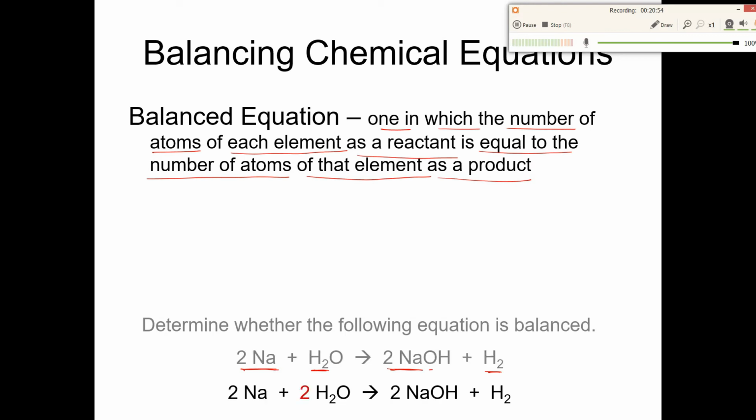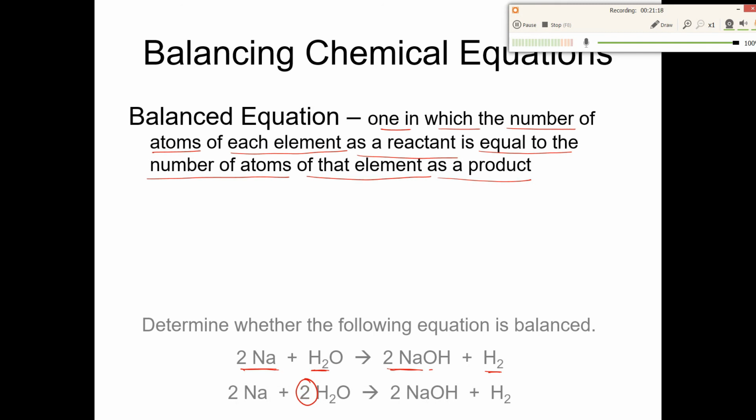To balance it, we have to put a stoichiometric coefficient, that is 2, in front of H2O. Once we put this numerical value 2 in front of the water molecule, we find that the number of atoms of each component in the chemical reaction is the same on both sides.